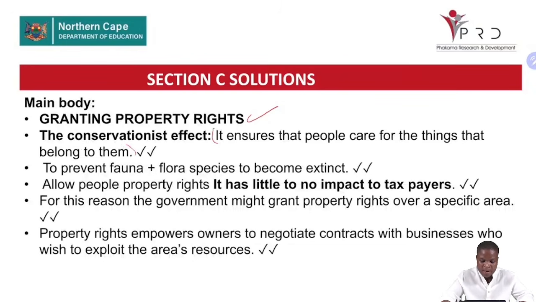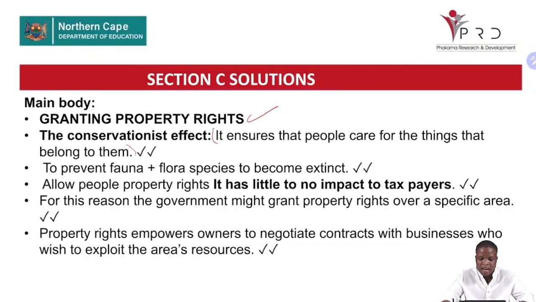Allowing people property rights has little to no impact on taxpayers. If you are the one owning a game reserve, for example, you're going to take care of the animals at no impact to taxpayers. Government does not have to give money for you to take care of things that belong to you.